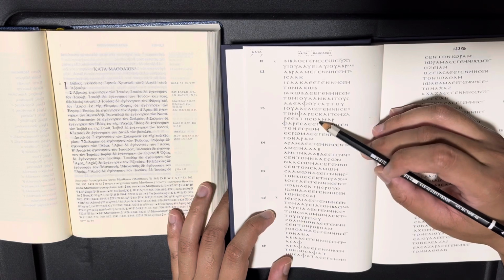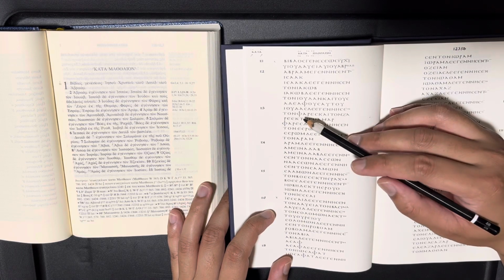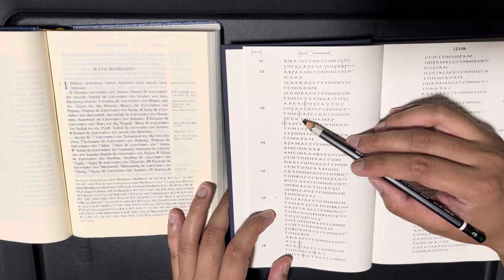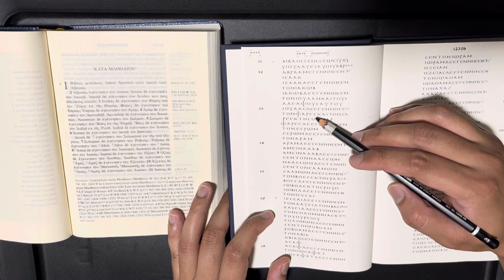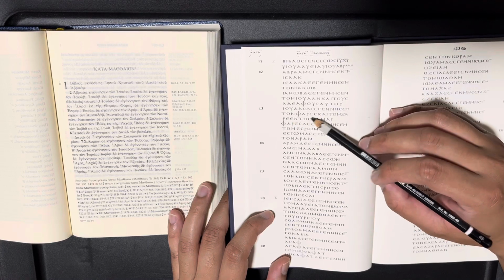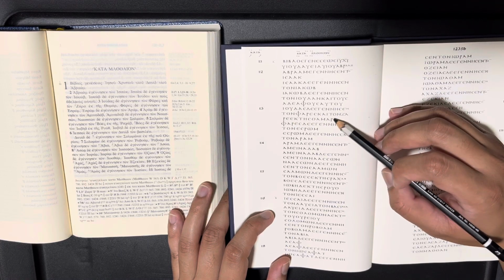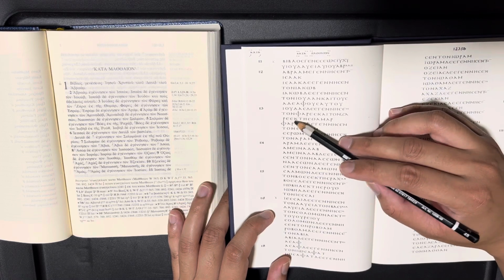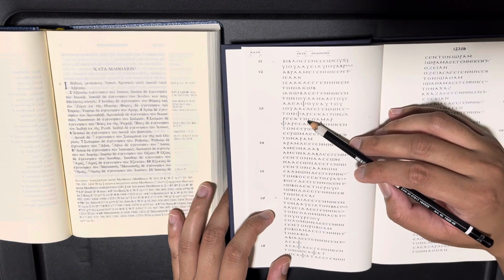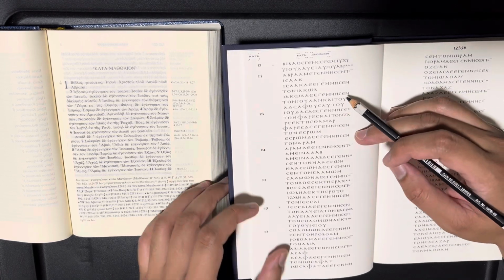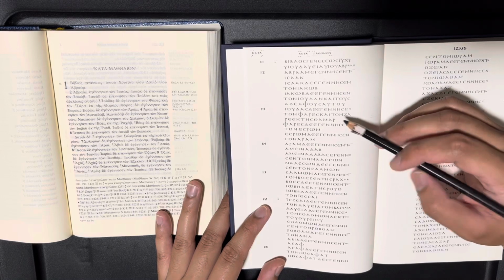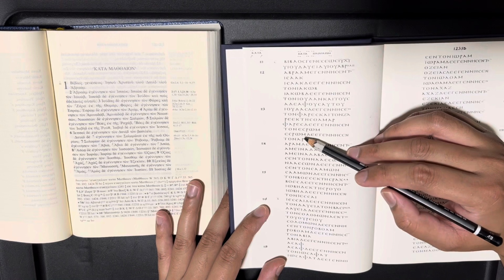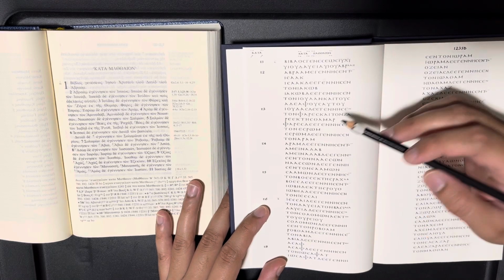And Thamar. So Judas fathered Phares and Zara by Thamar. Ektes here, Ektes by the Tamar, right? And Phares de egenesen ton Hezron, okay.